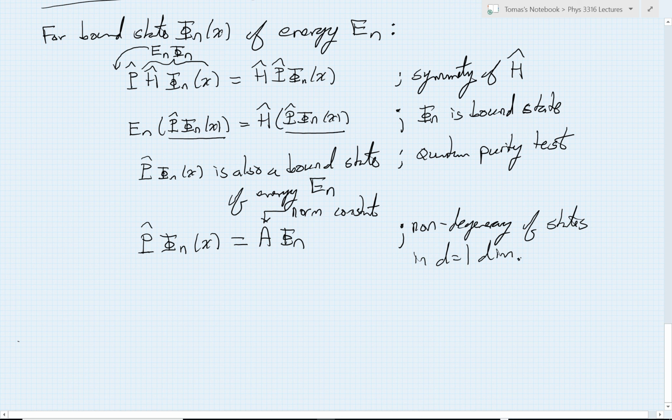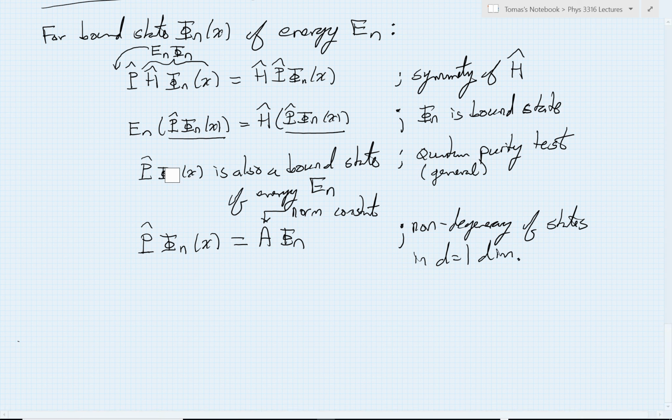While we're at it, I should point out that this conclusion had nothing to do with the fact I was in one dimension. This actually applies generally. So in general, what we learn is that if I have a pure bound state of energy, and I apply any symmetry operator to it that the Hamiltonian respects, it will generate for me automatically another state of the same energy.